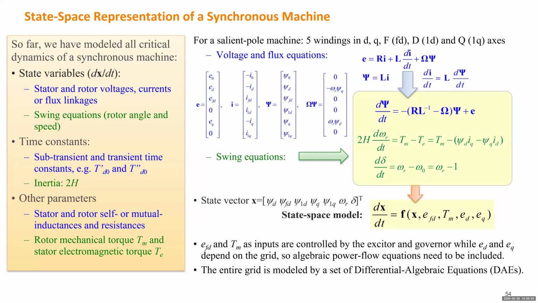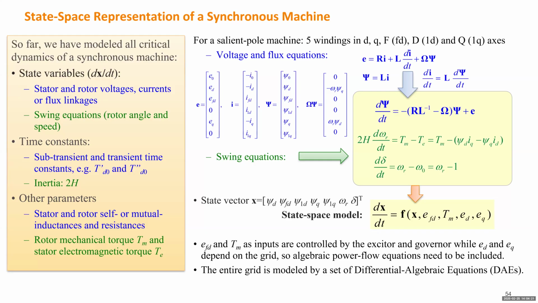Okay, the differential part is mainly from the generator, like flux linkage, speed, and angle. And it can also come from the exciter, if your exciter has some state variable, or a governor, if a governor has some state variable. Definitely later we're going to also model load. If the load is a dynamic load, that can also add some state variable. And we also have the power network in the power flow that will give you the algebraic equation.